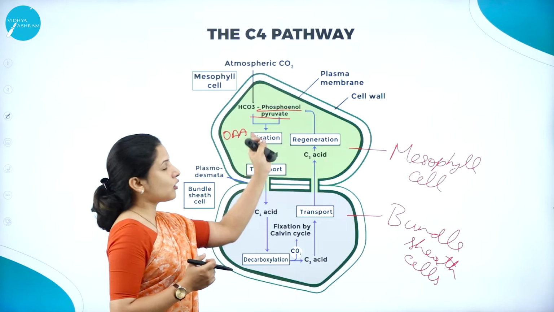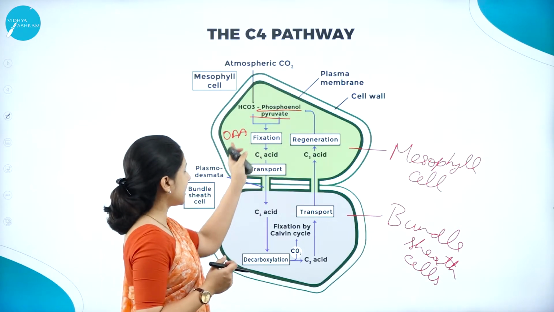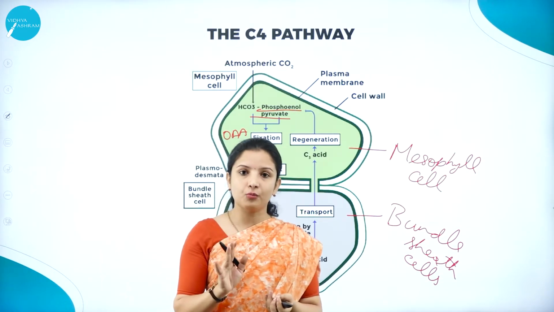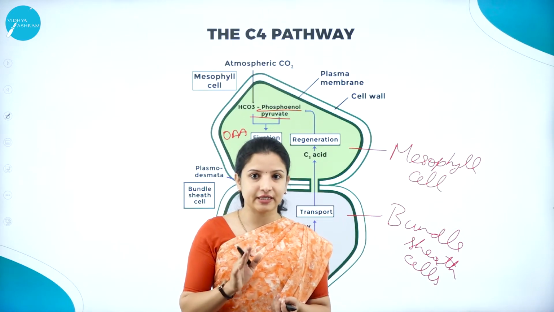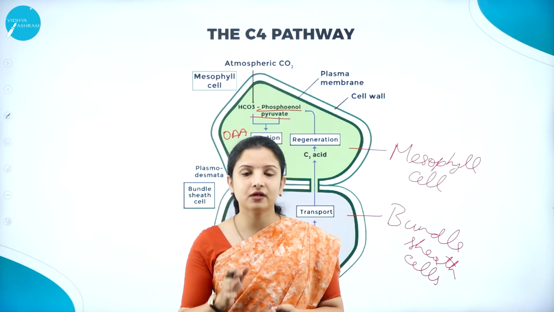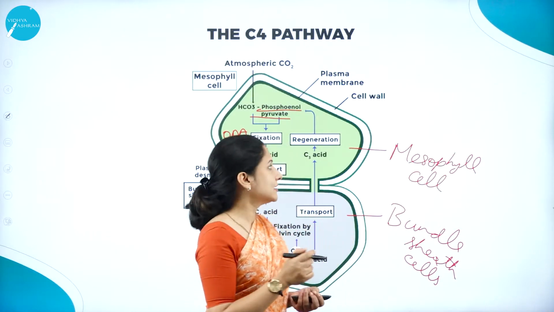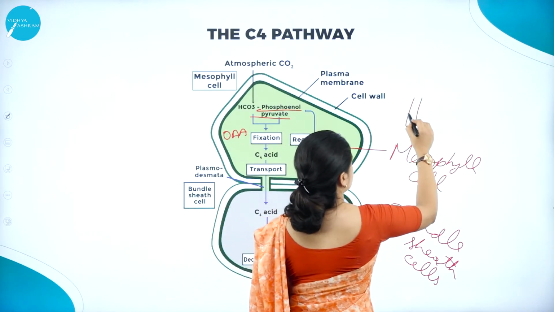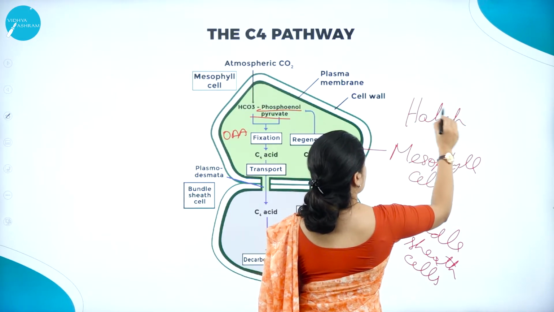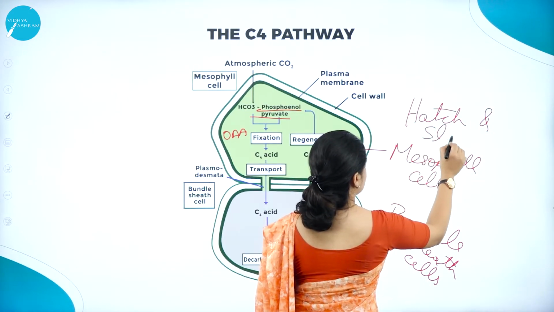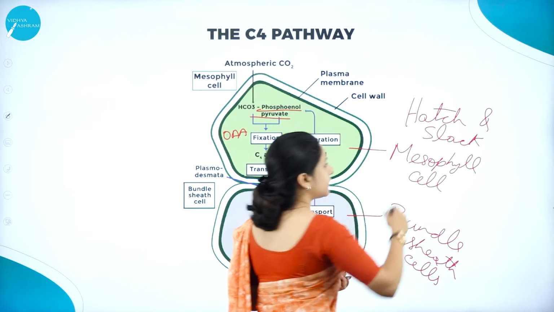Therefore, the first compound formed in the C4 cycle is a 4-carbon compound. Hence, it is called the C4 cycle. Since it was discovered by 2 scientists, it is also called the Hatch and Slack cycle. And there is one more name for it.